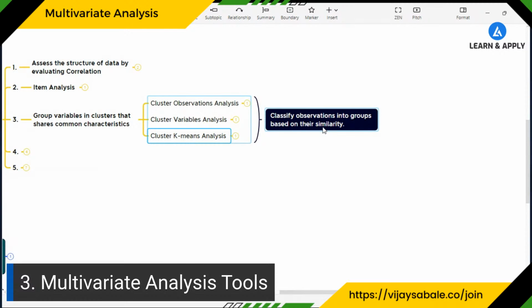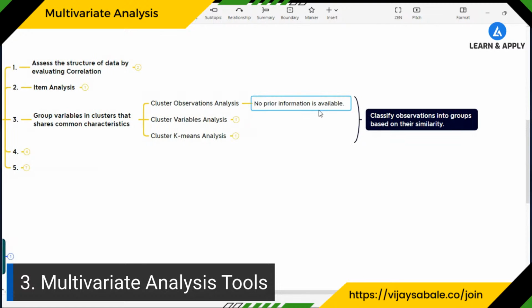Now, when to use which type? There are some guidelines. For example, if you have no prior information, that means it's the first time you got the data and you want to group them based on their similarities, in that case we should use cluster observations analysis. Now, if you have some prior data available, that means we know the background or the preliminary study that we have conducted in the history, then we can use cluster variables analysis.